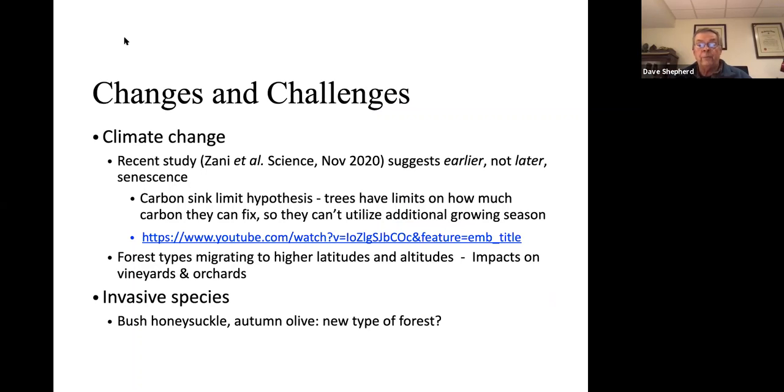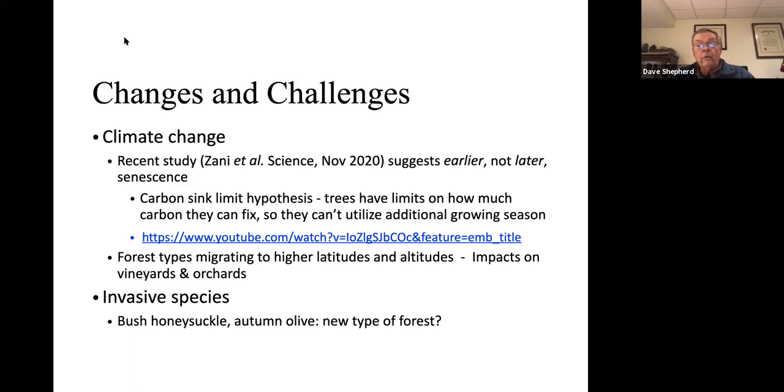As the forest types are going to migrate to higher latitudes and higher altitudes, vineyards and orchards are going to get left behind. So trees that are used to requiring a certain number of chill hours might not get them. And we just went over what can happen to trees if they do not get the requisite number of chill hours and are forced into breaking dormancy too early.